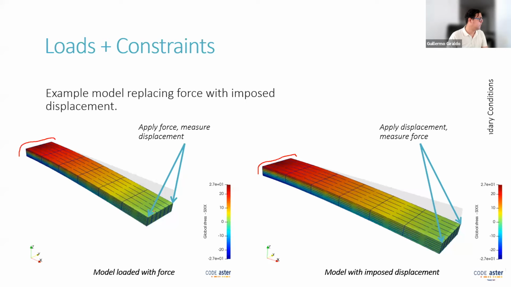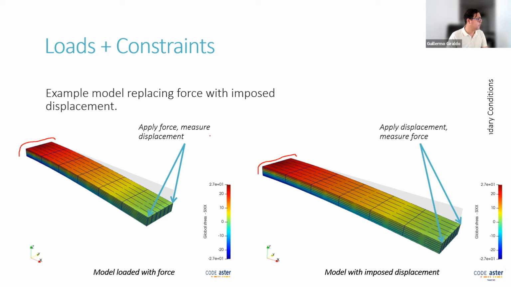But in this end, on the left model, I have applied a load, a force on the two nodes. But on the right one, what I did was not to apply a force, but to apply a displacement on these two nodes where I applied the forces.